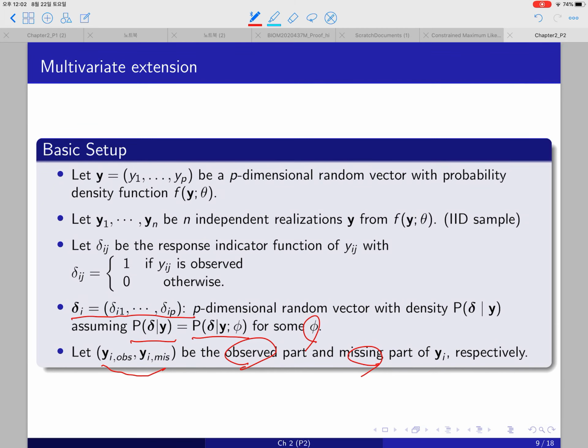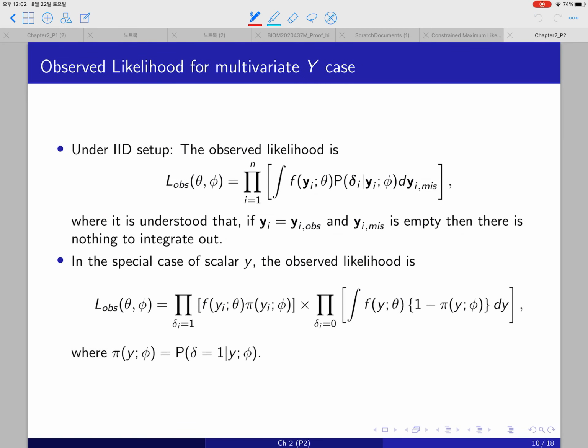Okay. So now under the IID setup, the observed likelihood is essentially an integration. For each density, we have an observed component: y observed i and delta i is the marginal of the observation. So this is the original joint density, and then we integrate out over the missing part.